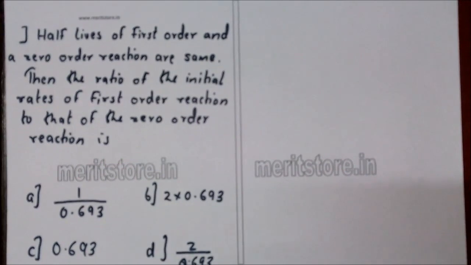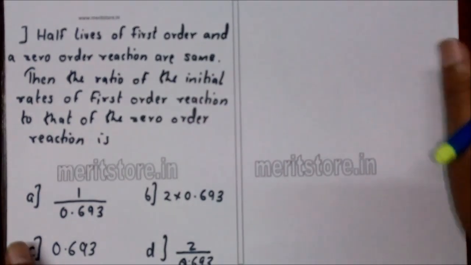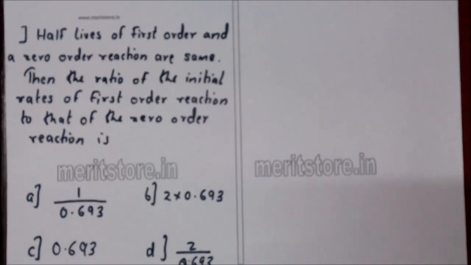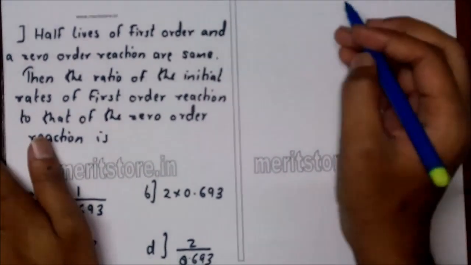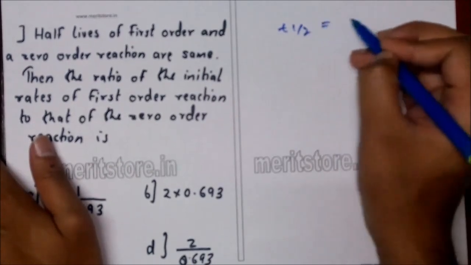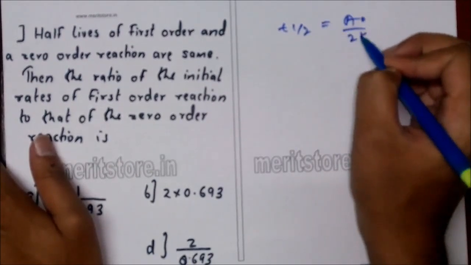Next question is, half-life of first order and zero order reactions are same. Then the ratio of initial rates of first order reaction to that of zero order reaction is? So we know that T half for zero order reaction is A0 upon 2K.